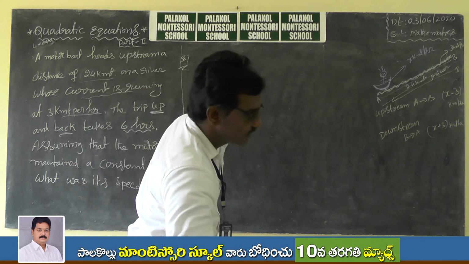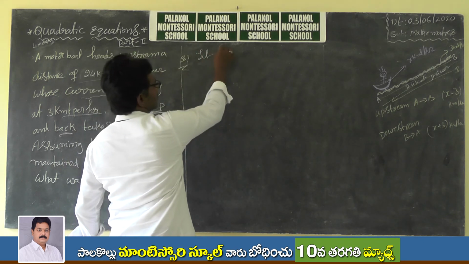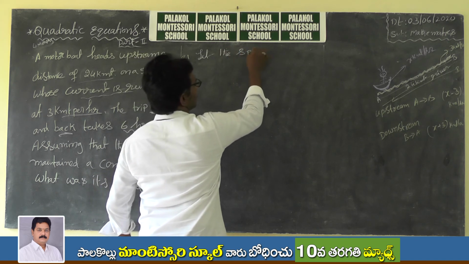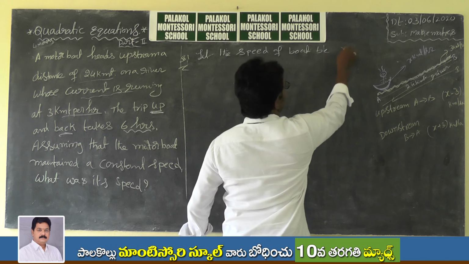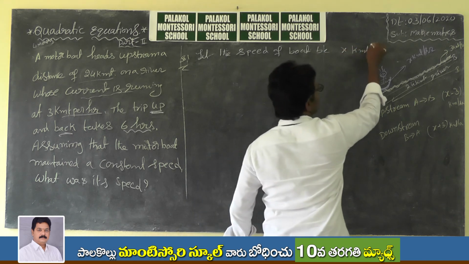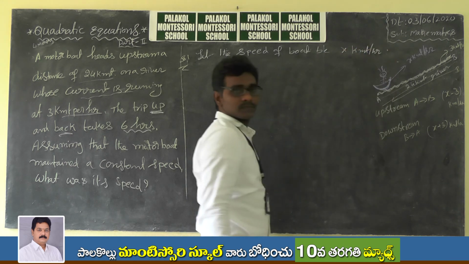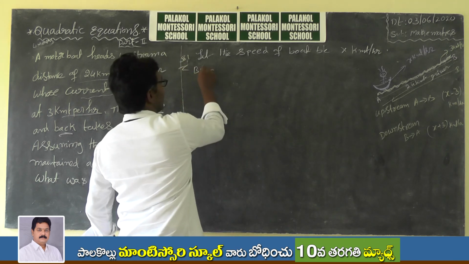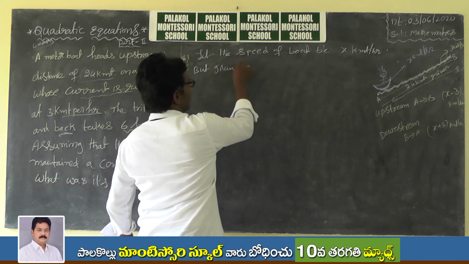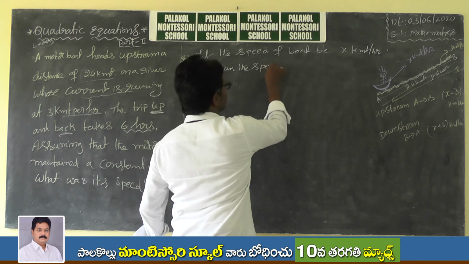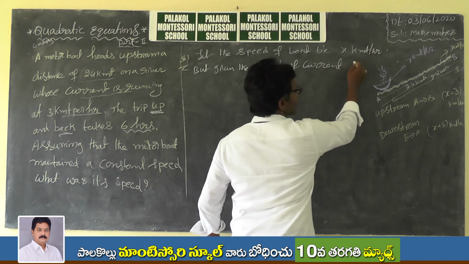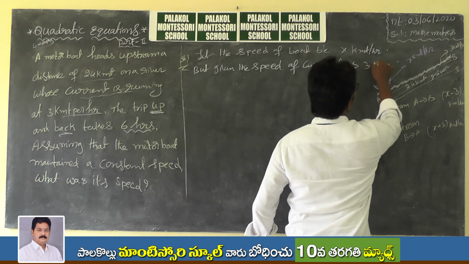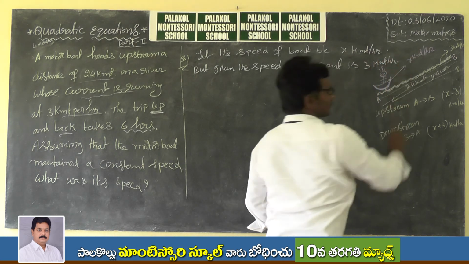Let the speed of the boat be x kilometers per hour. But given the speed of the current is 3 kilometers per hour.